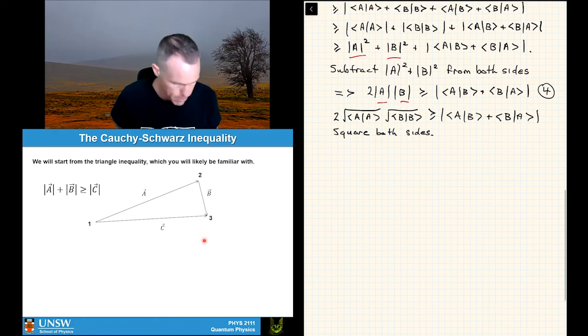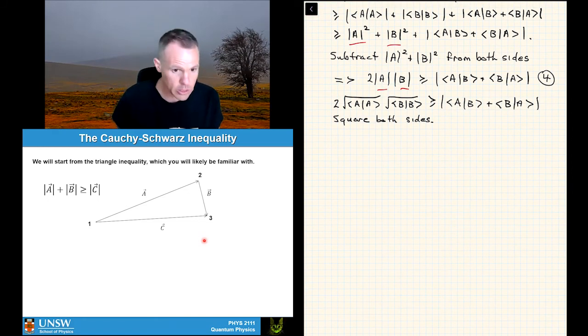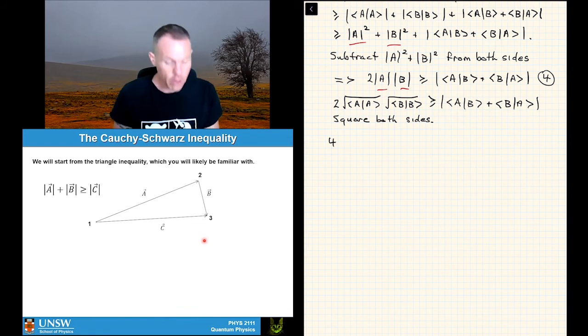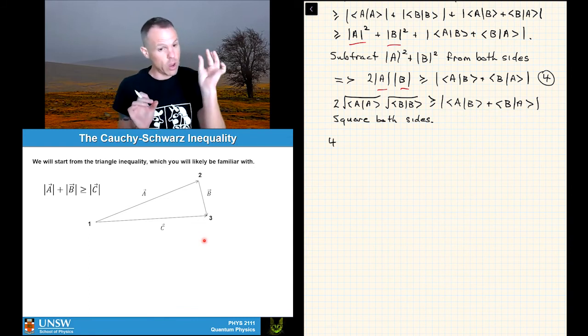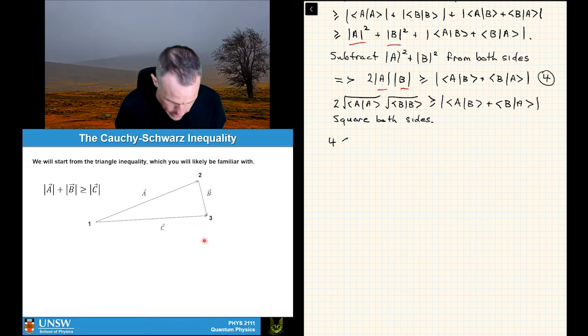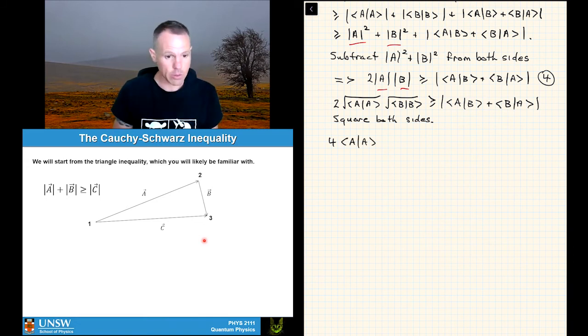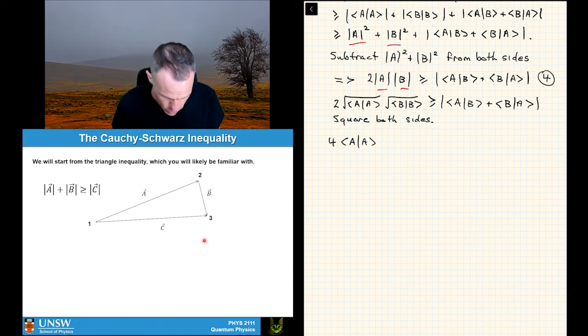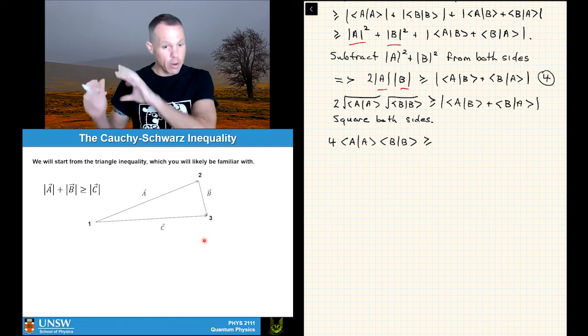Okay, so we're going to square both sides. If we do that, 2 by 2 is 4, so that gets us a 4. The square gets rid of the square root around the inner product for a, so this is now just the inner product of a and a. Same thing happens for the b. We get rid of the square root there, so that's now b and b, is greater than or equal to what's going to be the square on the right-hand side.